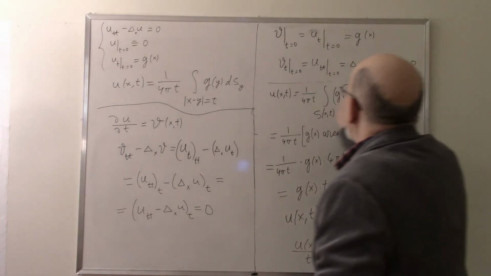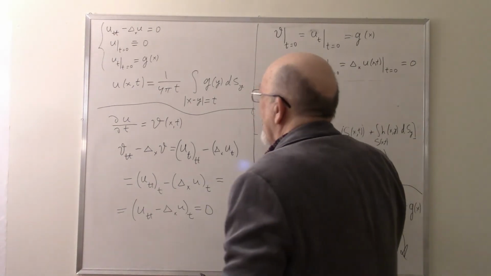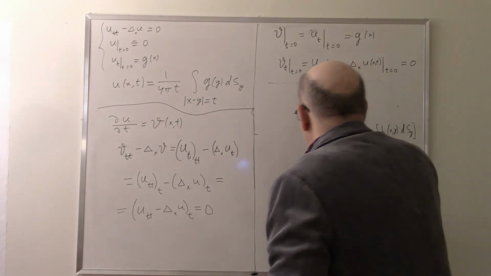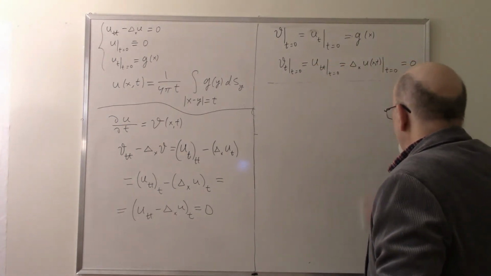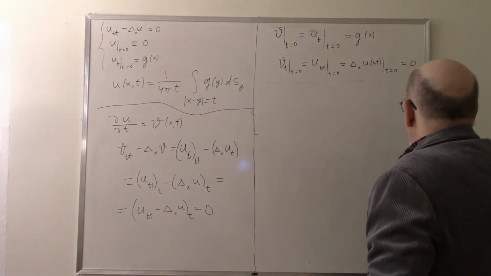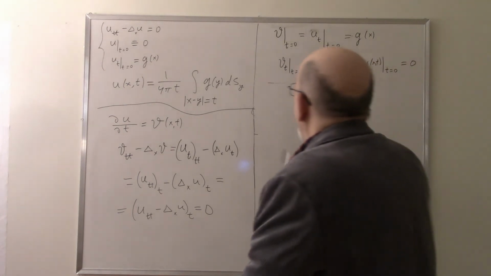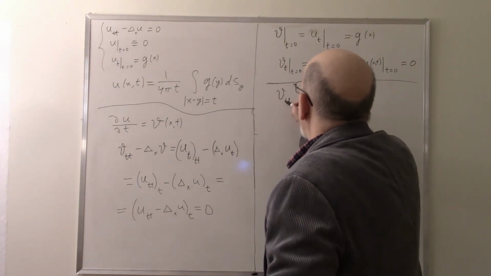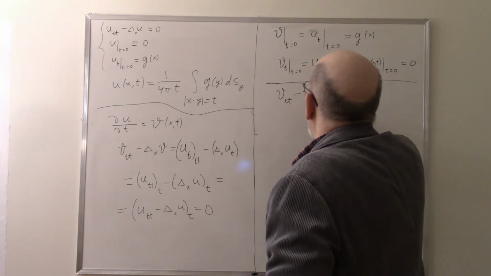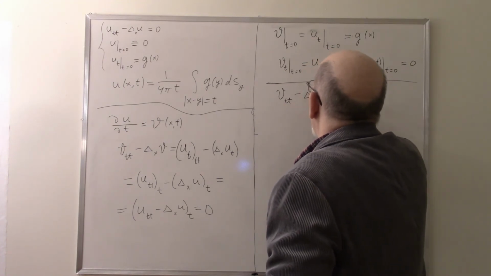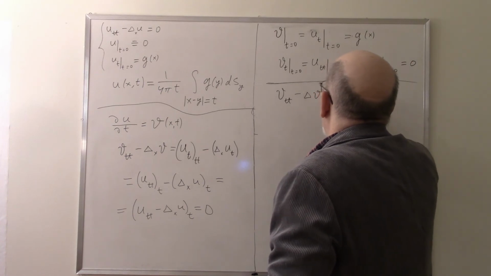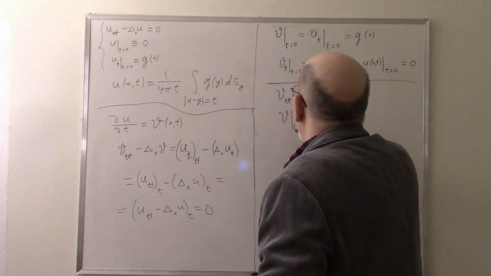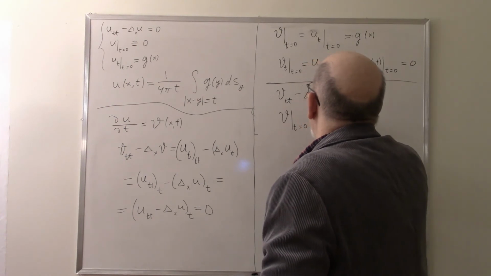And so this is 0. So this means that v, which is the derivative of u, satisfies the following conditions. First, v_tt minus Laplacian v equals 0. V for t equals 0 equals g.